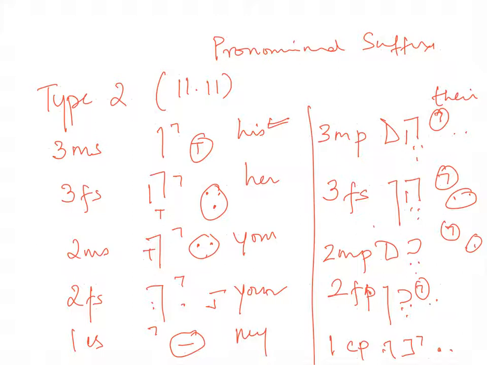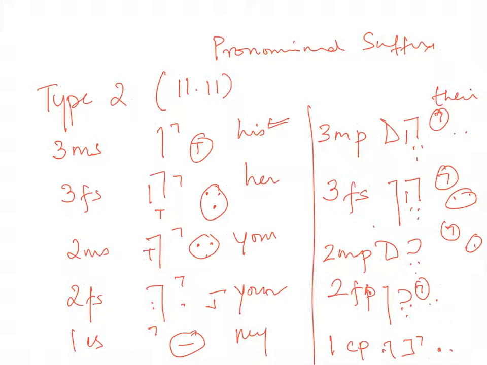Then 2MS is ekha, which is translated as your possessively and you as objective. Then ayik is 2fs, that is translated as your possessively and you objectively. Ay is translated as 1cs, which is my possessively and me objectively. 3mp is ahem, which is translated as their possessively and objectively it is them.